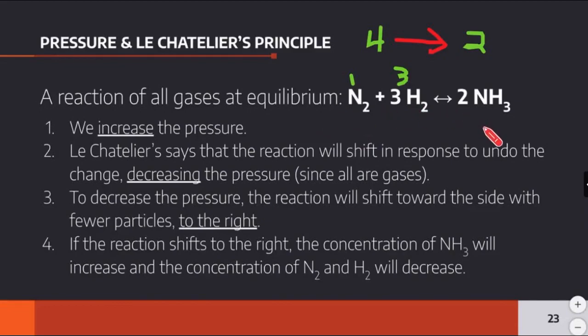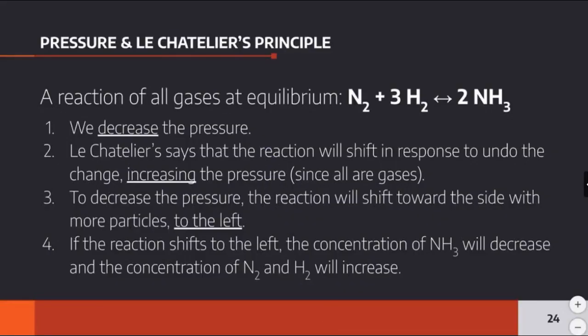If it shifts to the right, then the concentration of NH3 will go up, and the concentration of N2 will go down, and the concentration of H2 will go down. So for this reaction of all gases, if we increase the pressure, we end up with more NH3 and less N2 and less H2.